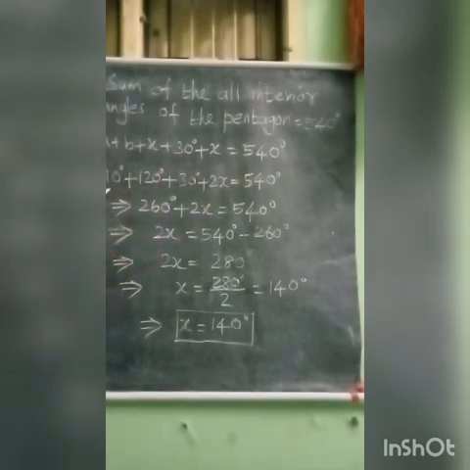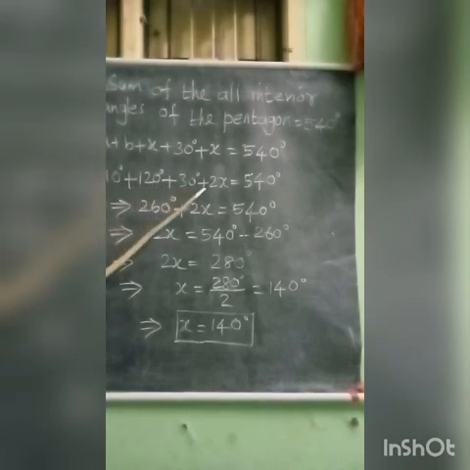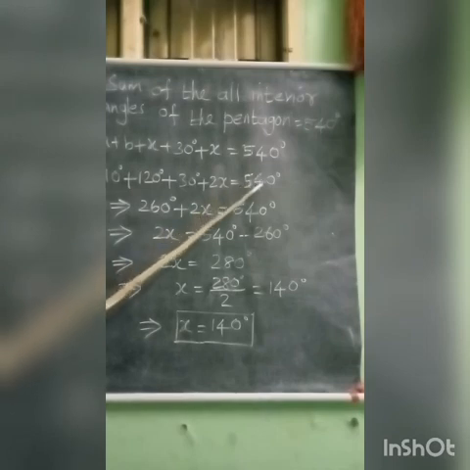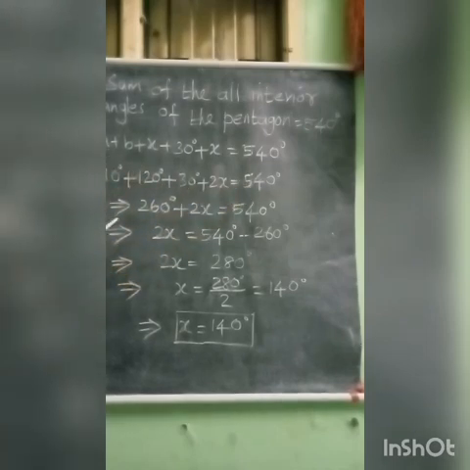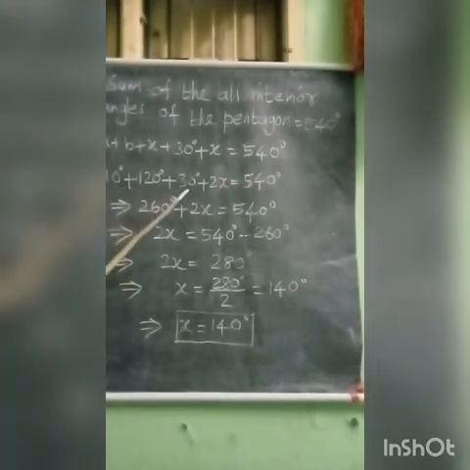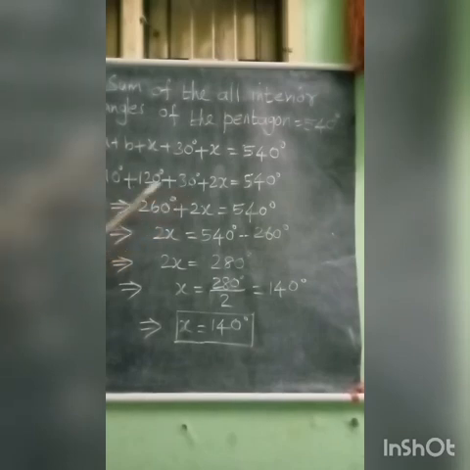Then substitute A by 110 degree, B is 120 degree, then X plus X is 2X, then this 30. Now we have 110 degree plus 120 degree plus 30 degree plus 2X equal to 540 degree. The sum of these three measures, 110 plus 120 plus 30, is 260 degree.